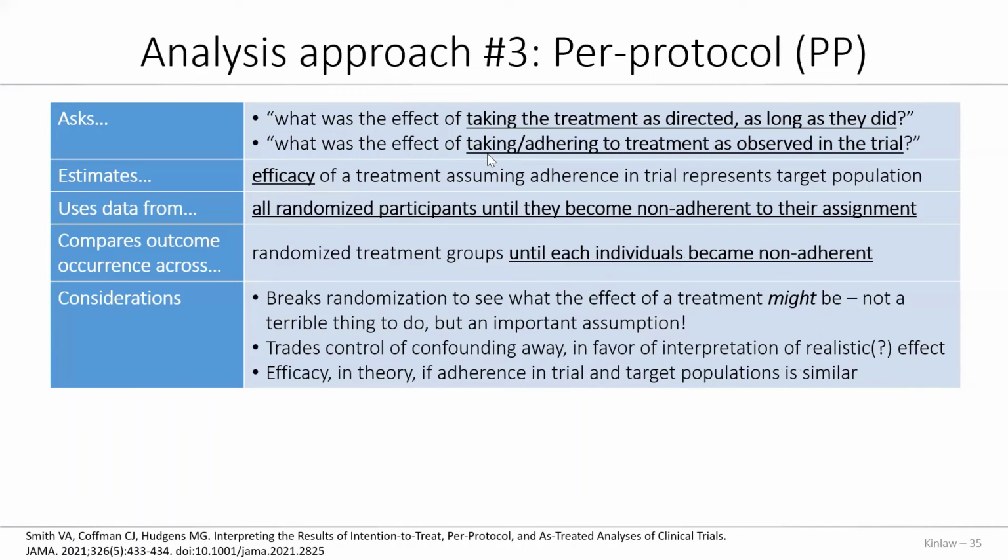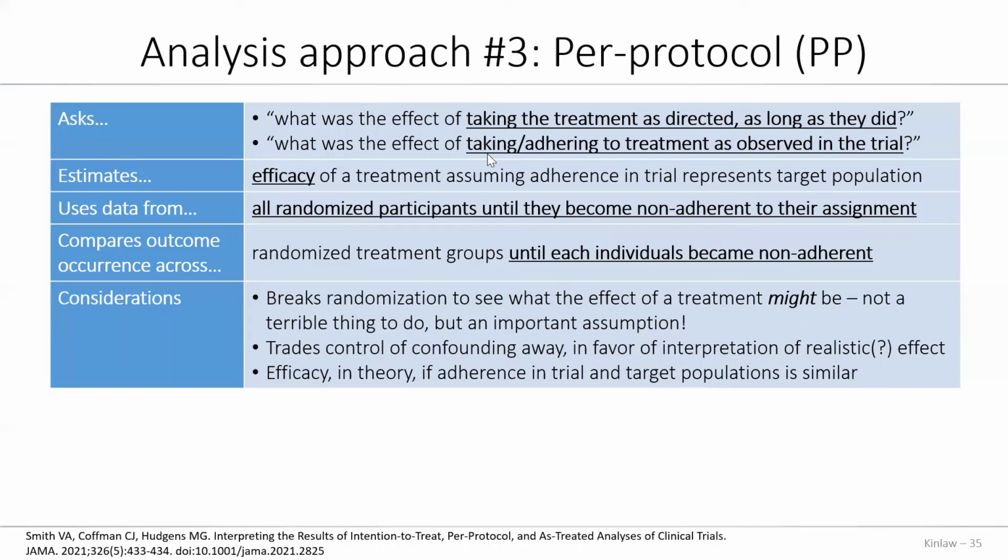The third approach is somewhat similar to the as-treated approach. It's called per protocol. It asks, what was the effect of taking the treatment as directed as long as we observed people taking it as directed? So once a patient diverges from being adherent to the therapy, we stop collecting data on them and stop analyzing that data in the analysis of the per protocol estimator.